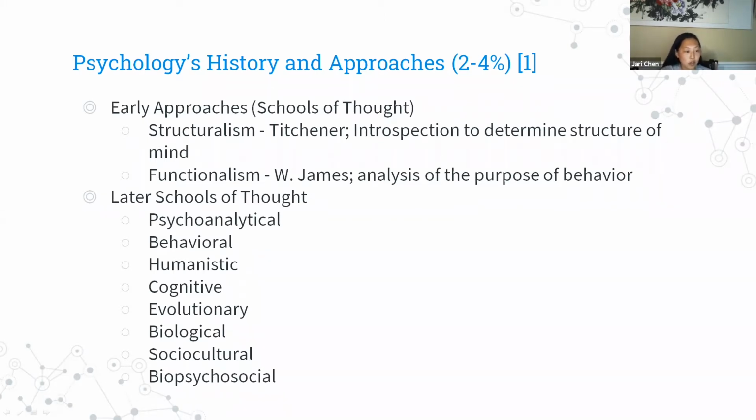So for example, psychoanalytical, which is the first bullet point under the school of thoughts point, is very based on unconscious stuff like dreams, and that's what psychoanalytics focused on. I'm not going to be going over this, but if you do take the course, this will all be in a lot of detail.